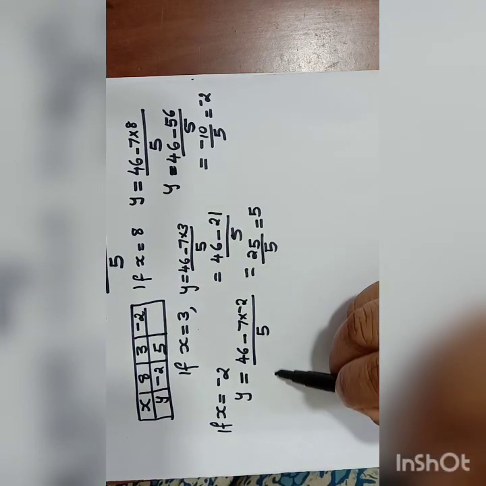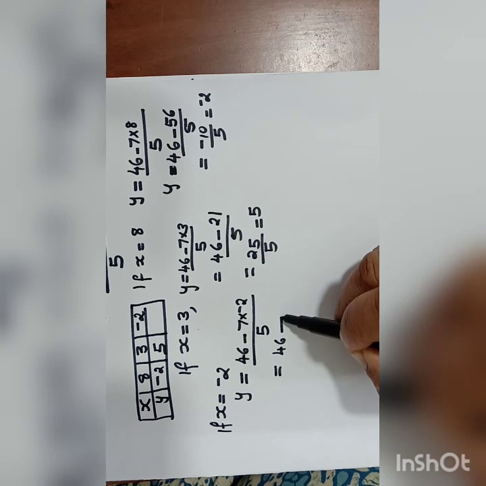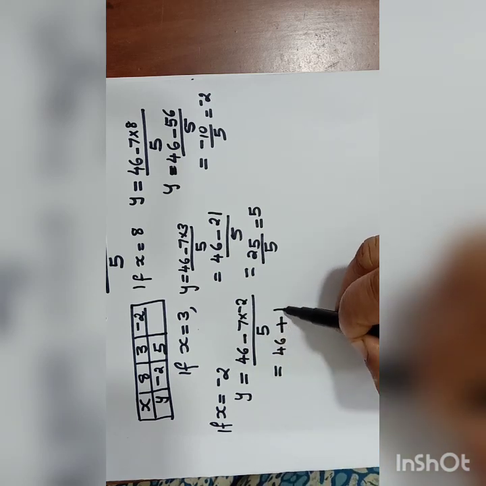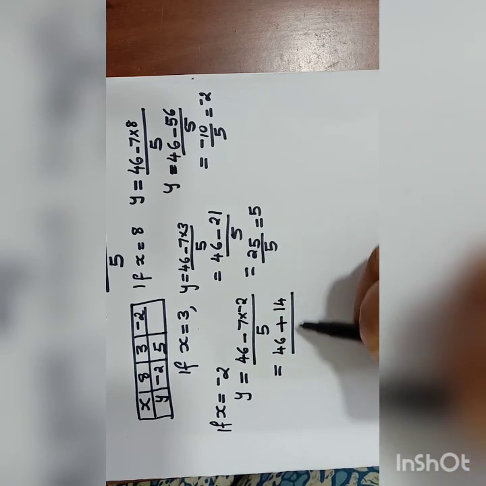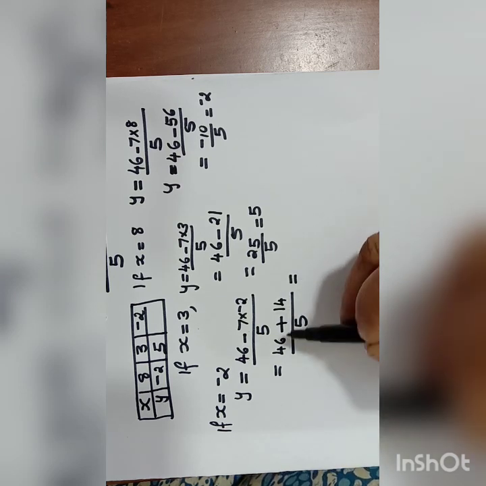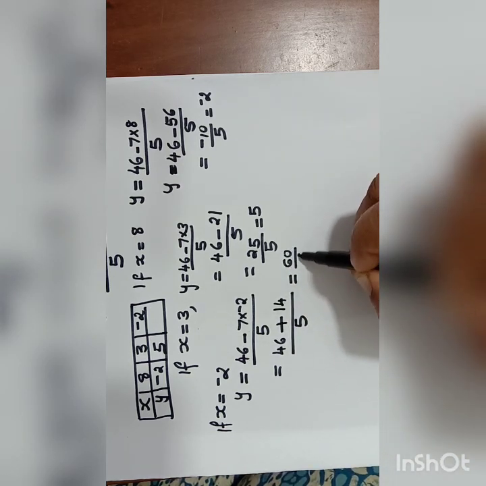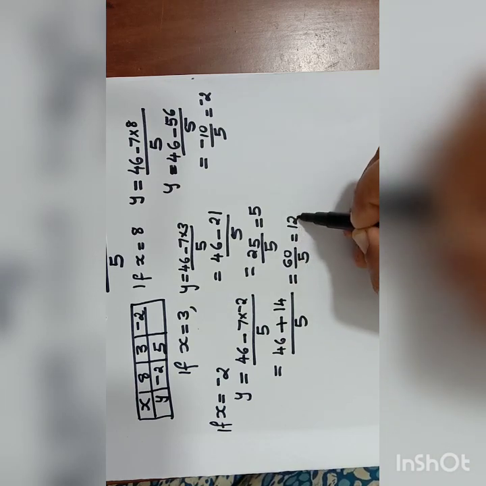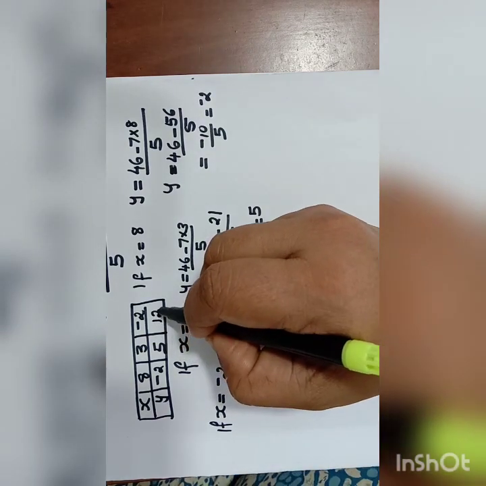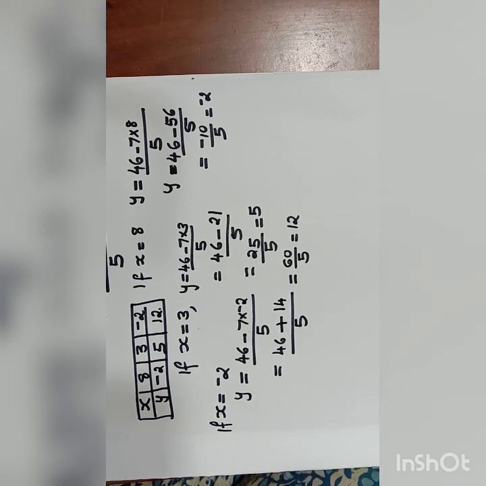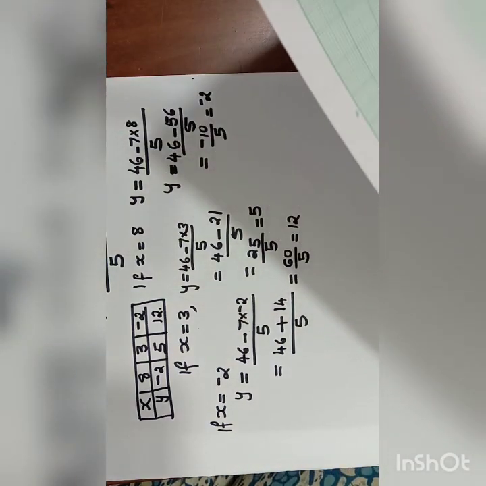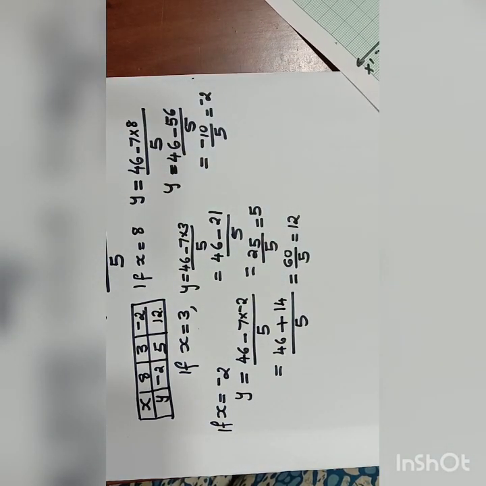So, what is that? 46 minus of minus becomes plus, 7 2s are 14 by 5. Adding, we are getting 60 by 5. 60 by 5 is 12 we are getting. So we got all the values here. All the three columns we have filled up. Based on that, we are going to mark the line.